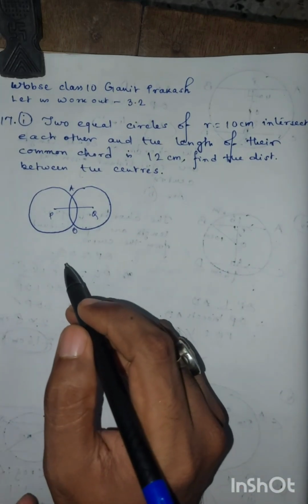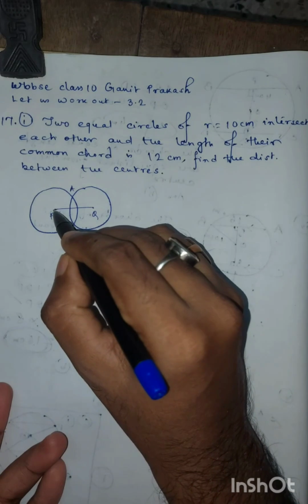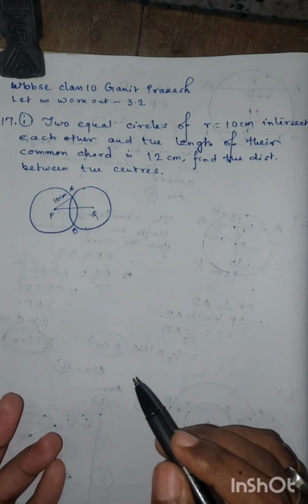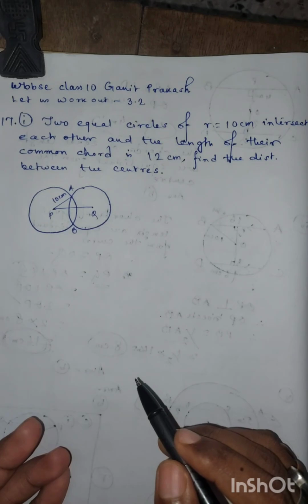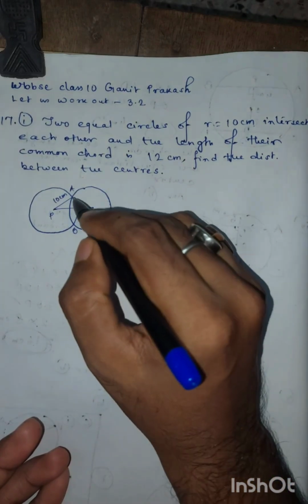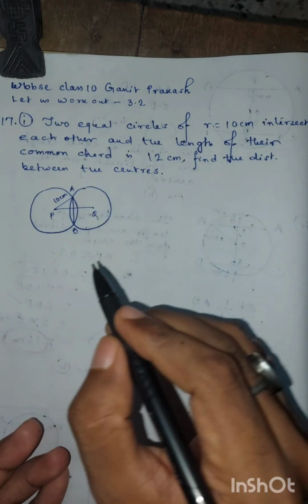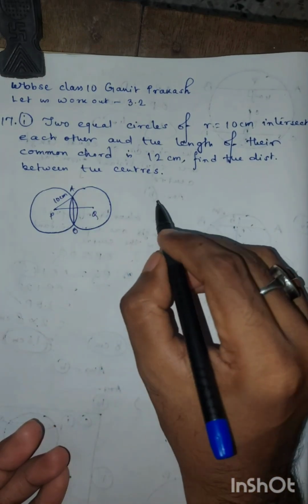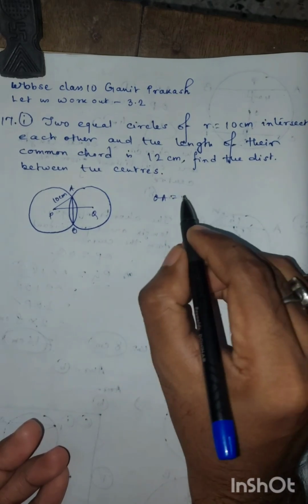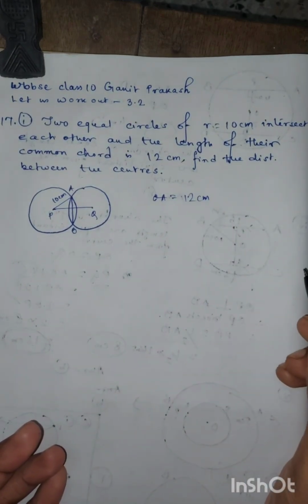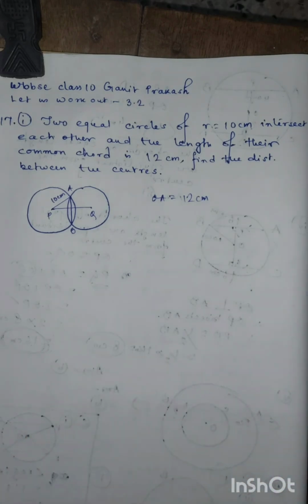The radius is given, 10 centimeters, and the length of their common chord, that means chord AB, is given.